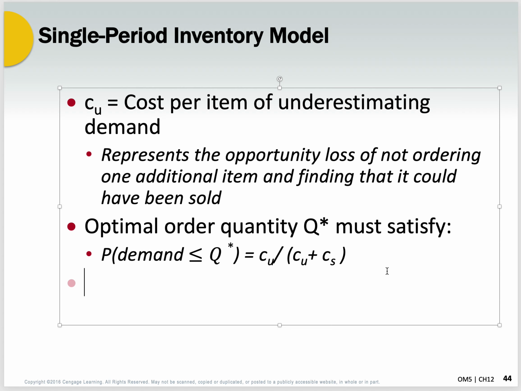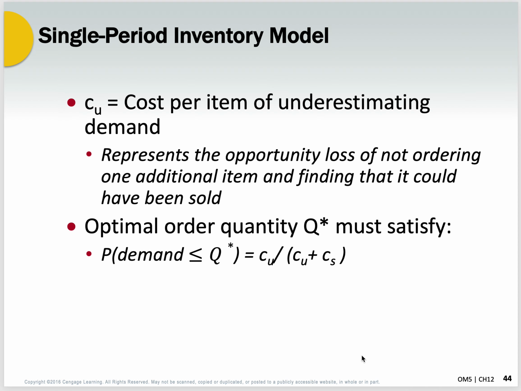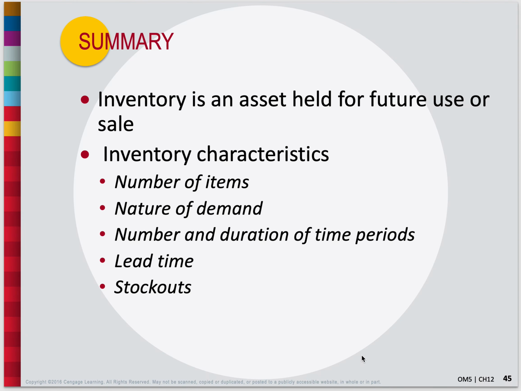There we go. It's CU divided by CU plus the cost of overestimating demand, the cost of having excess stock and not selling that extra. And that's it. That's the whole chapter.